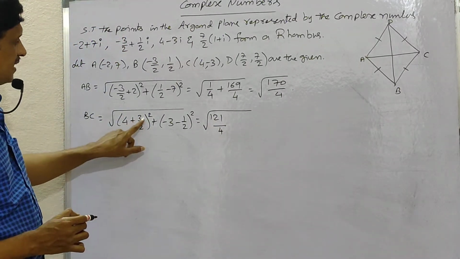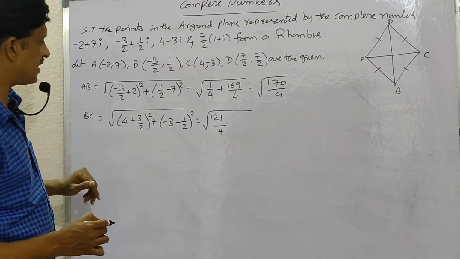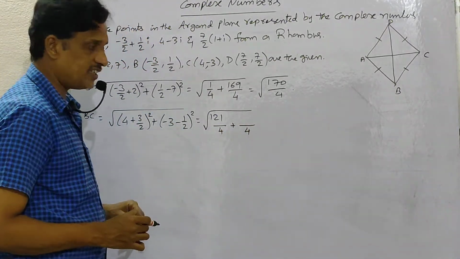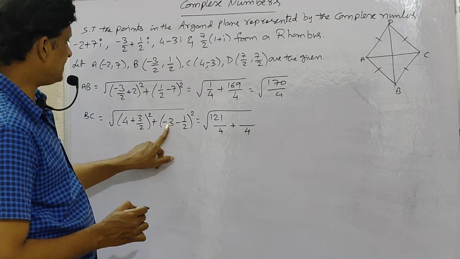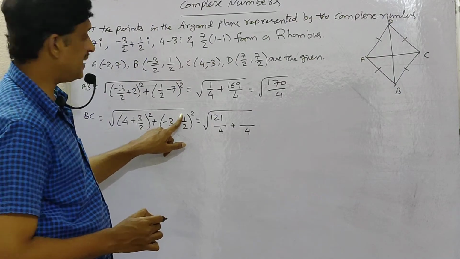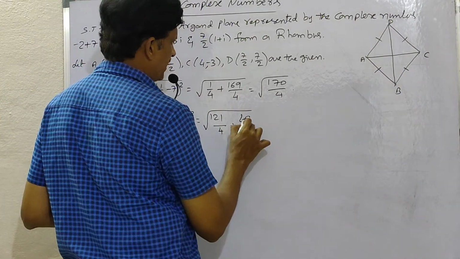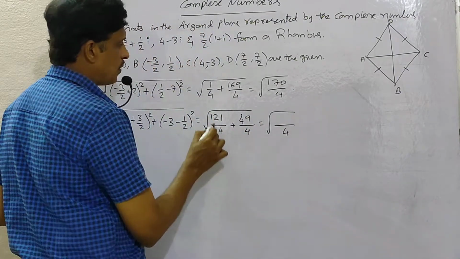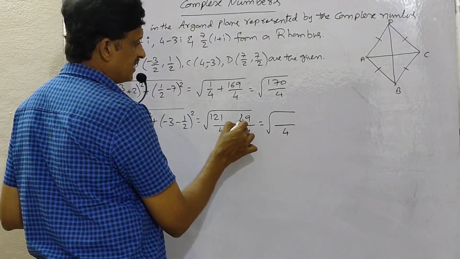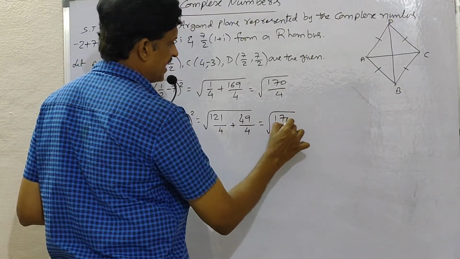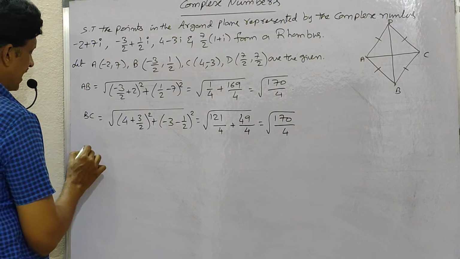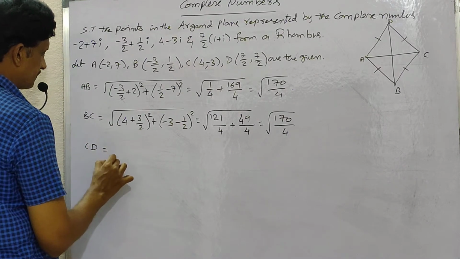Plus here also 2 is the LCM, so 2 square is 4. This is -6 minus 1, -7, that is whole square gives 49. So by adding these two, 121 plus 49, that is 170 again. Root 170/4. AB and BC we calculated. Next CD.